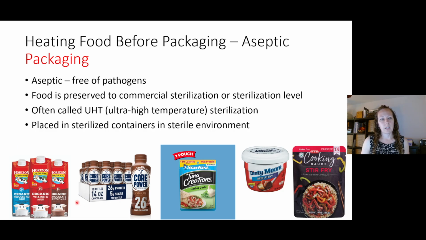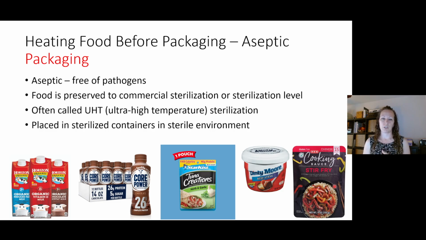Other products that go through UHT sterilization include protein drinks, right? If they're not canned, if they're in plastic packaging, for sure they've gone through this. The little pouches that have whatever kind of food in them, be it tuna or chicken or stir-fry sauce, these have most likely gone through this.